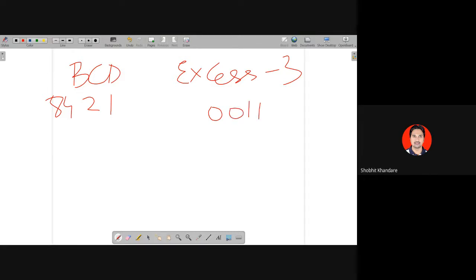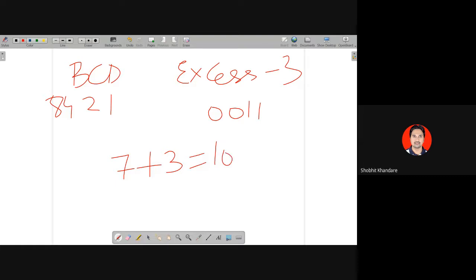If we add this 0011, whatever code is generated is the XS3 code. Everywhere you have to add 3 to the decimal number. For example, if I have a decimal number 7 and I want the XS3 code, just add 3 to this. So 7 plus 3 gives me 10.